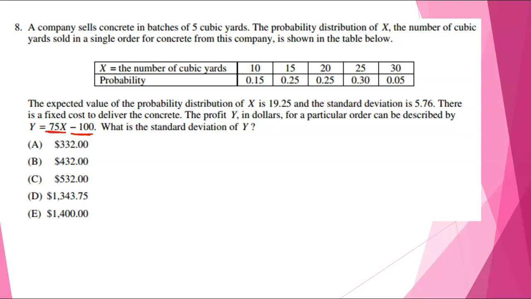So if they're asking me for my standard deviation, all I'm going to do is take 5.76, the original standard deviation, and multiply that by 75. But I am not going to subtract the 100 because adding and subtracting a constant does not change our spread. So when we do that, 75 times 5.76, we end up with 432. And so our answer for this one is going to be B, $432.